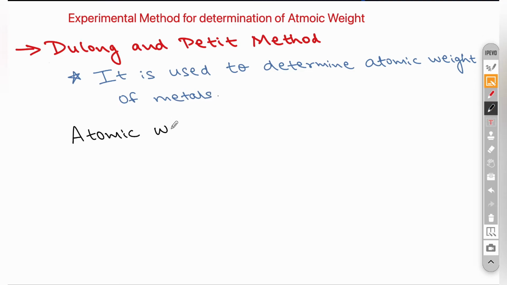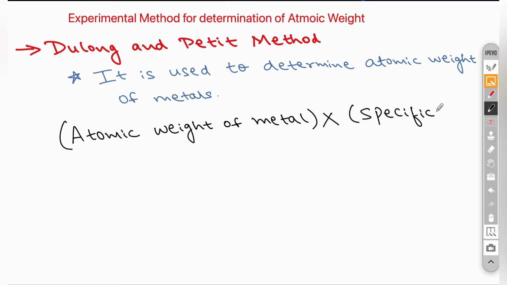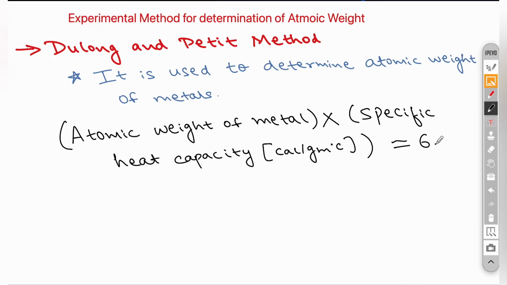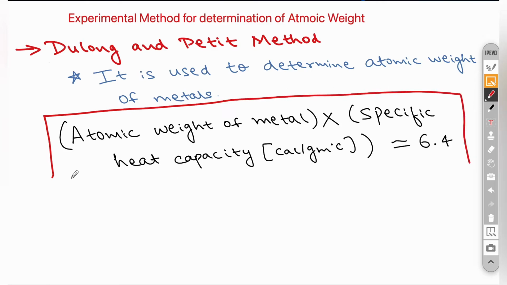Basically, the formula for Dulong and Pettit method is atomic weight of metal multiplied by specific heat capacity, which will be in calorie per gram degree Celsius. The specific heat capacity for metal is nearly equal to 6.4. The product is nearly equal to 6.4. This is the formula you need to remember.